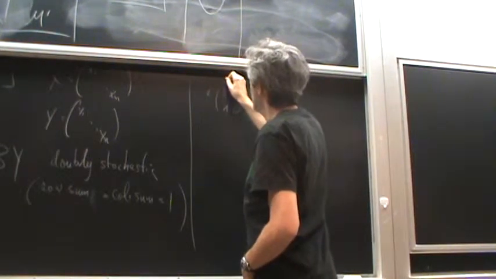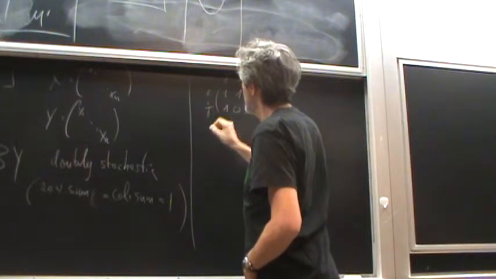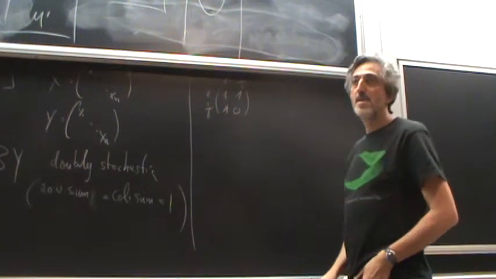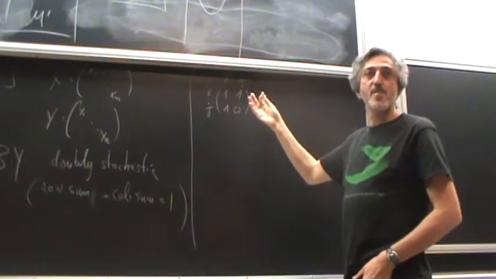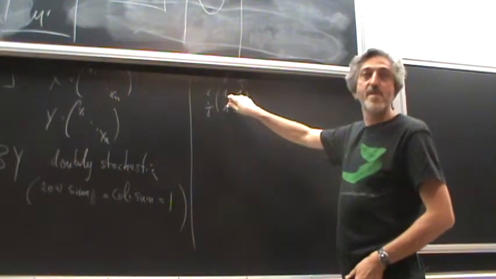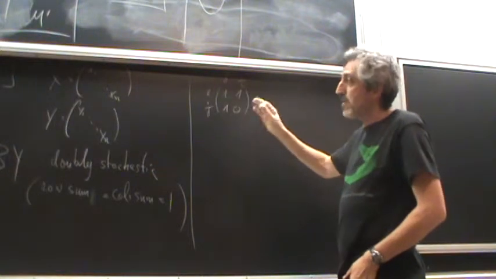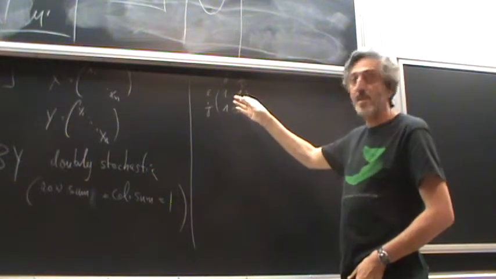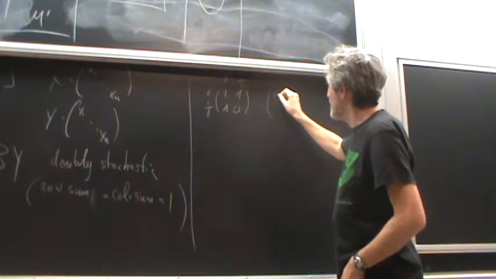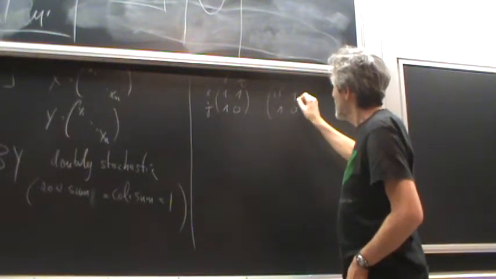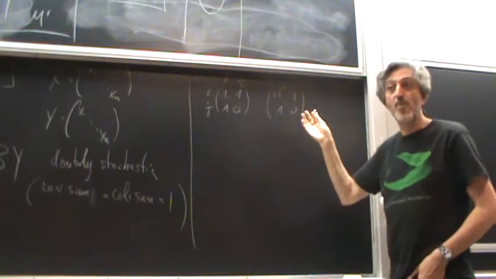And if you put delta here, you have to put 1 over delta here, right? So it will never be row sums and column sums 1 because this will never be 0. But actually, it's not so bad, this example, because after this scaling, you get something like epsilon delta here. So row sums and column sums are almost 1.